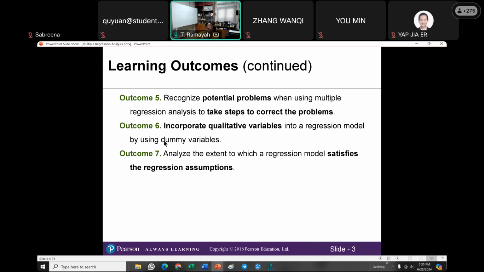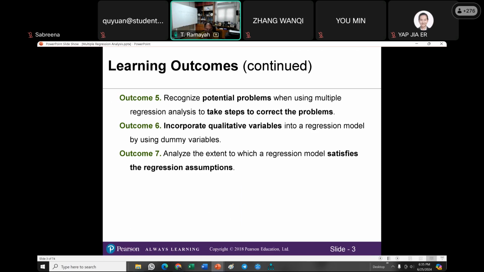Okay. Outcome number 6 is we will learn how to incorporate qualitative variables. What is meant by qualitative variables is a categorical variable. For example, we want to use gender in the regression, or we want to do marital status in the regression. We need to do dummy coding. And then finally, we will look at the assumptions in multiple regression.